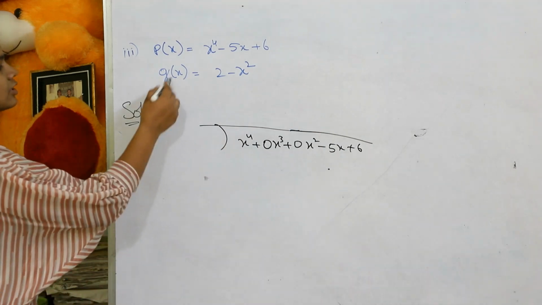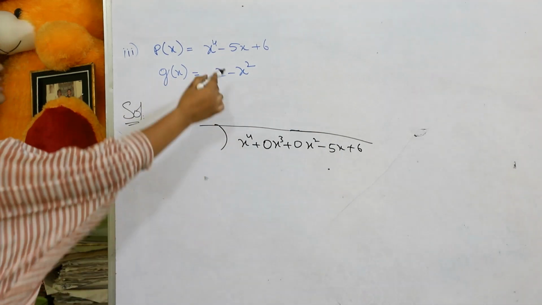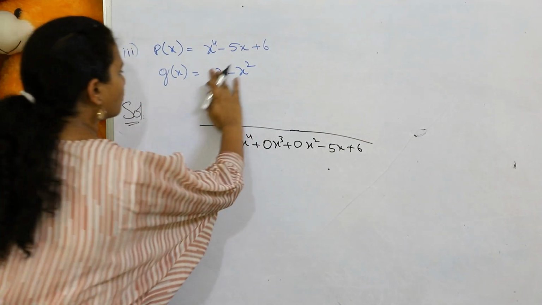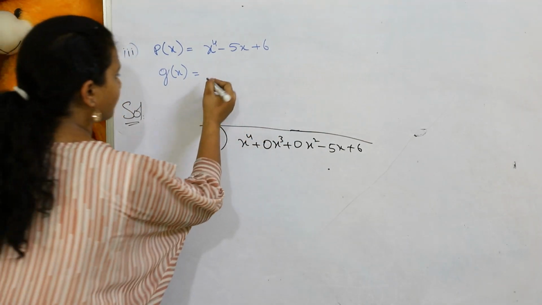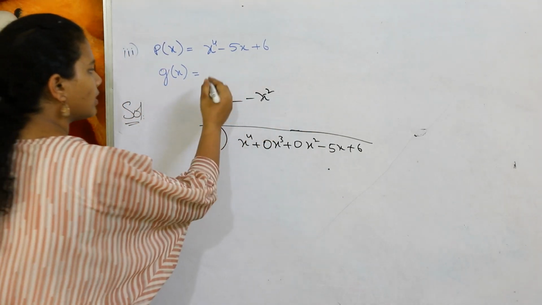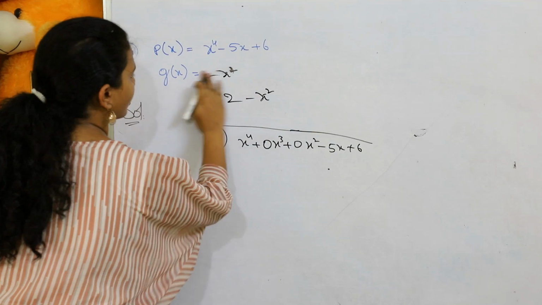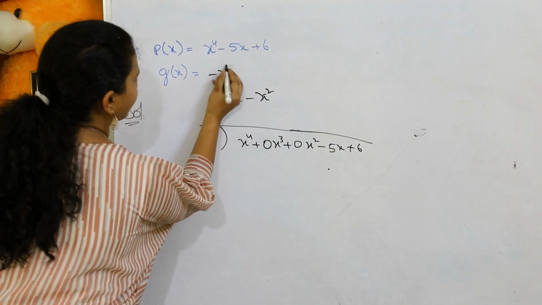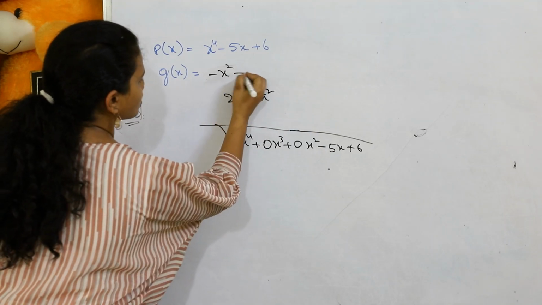Okay. Now going back to g of x. Here you have 2 minus x square, right? To solve the given question easily, I will write this given g of x as follows. Firstly you write the x square term. Here you have minus x square, so you write minus x square over here. You have plus 2, so plus 2 over here.